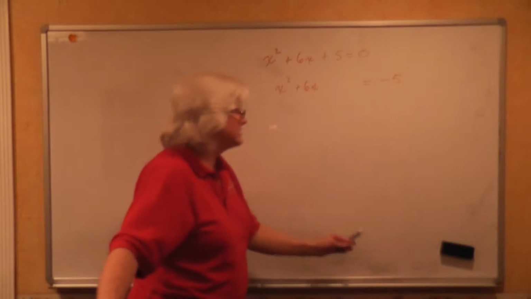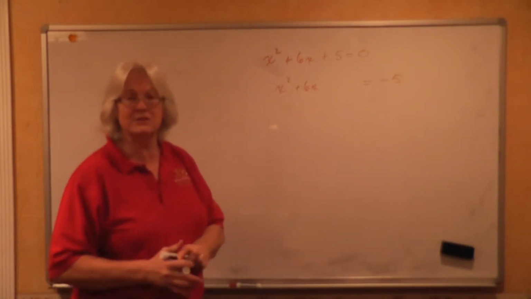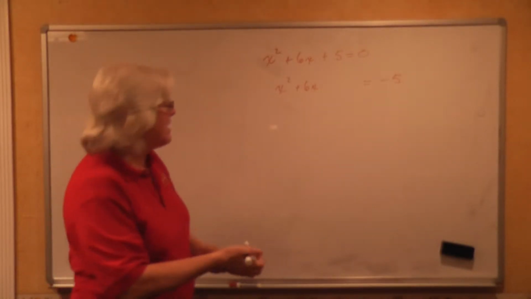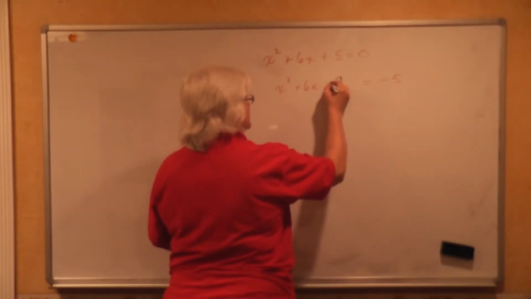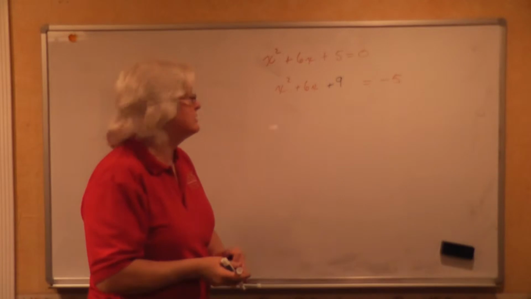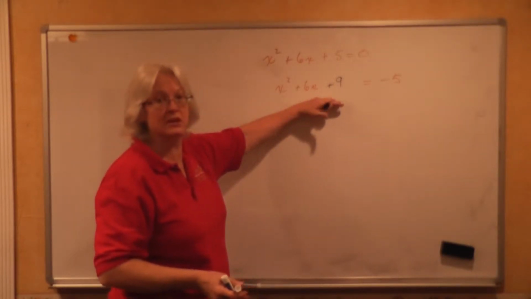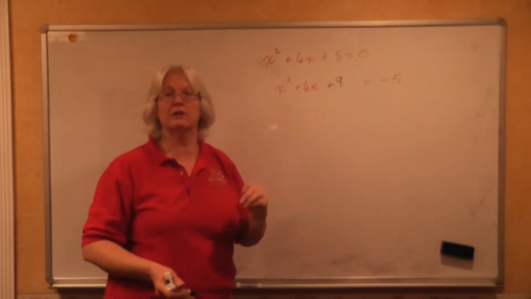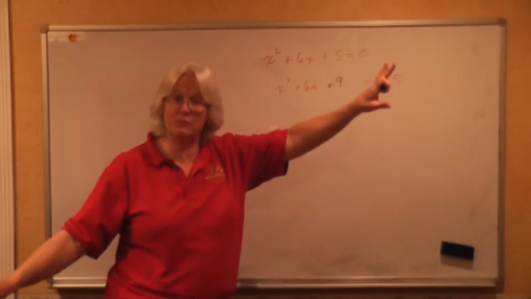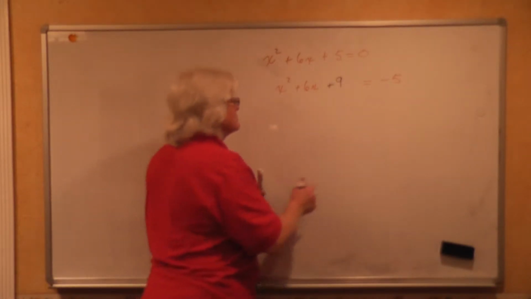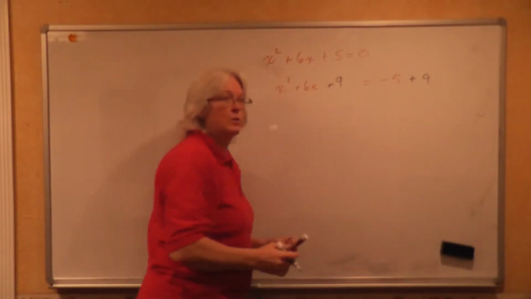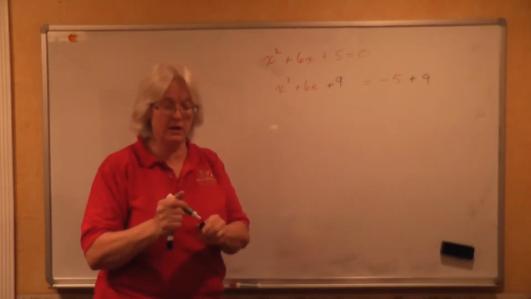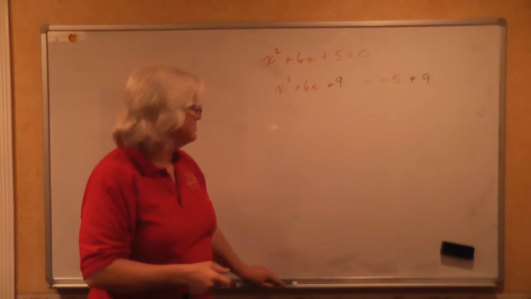So half of 6 is 3, 3 squared is 9, and then we add that quantity of 9 to both sides of the equation. Make sure that you don't just do x squared plus 6x plus 9 is equal to negative 5, because then your equation's out of balance. You must make sure that you add a positive 9 to both sides of the equation, and then you just go ahead and finish solving this equation.